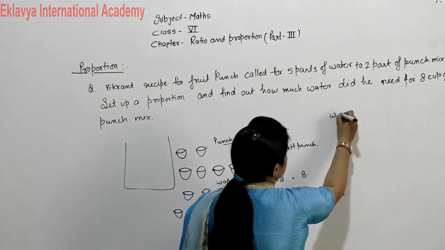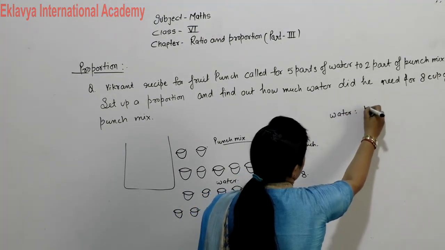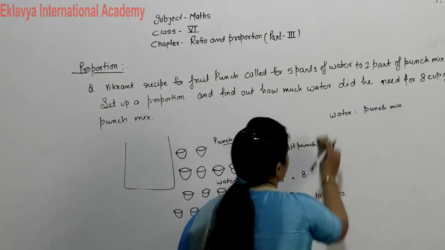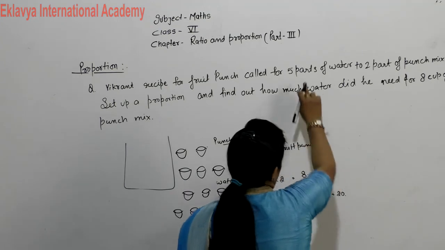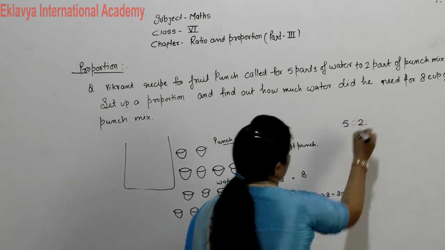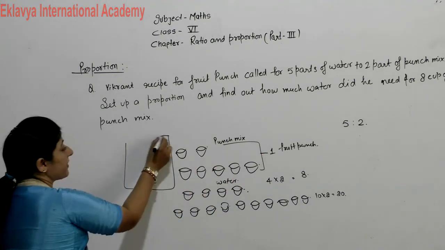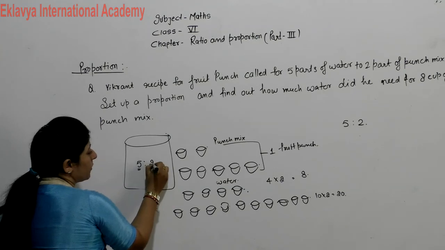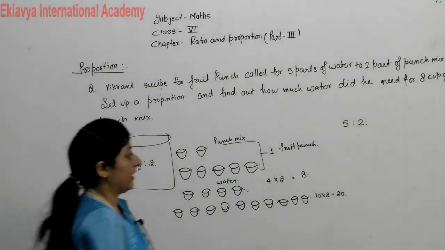How can you calculate now? See, water ratio punch mix is 5:2. In a complete fruit punch there are 5 cups of water, 2 cups of punch mix.